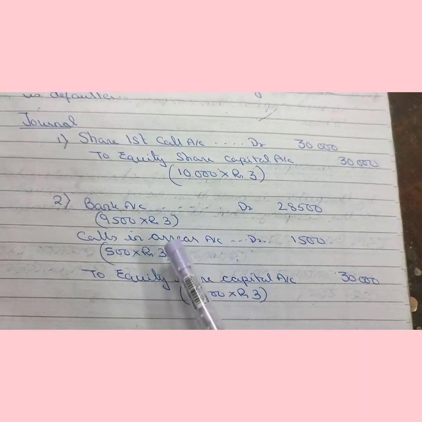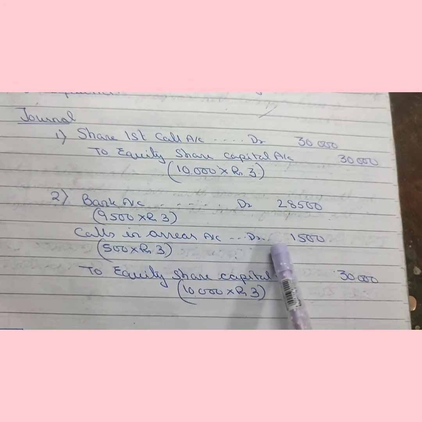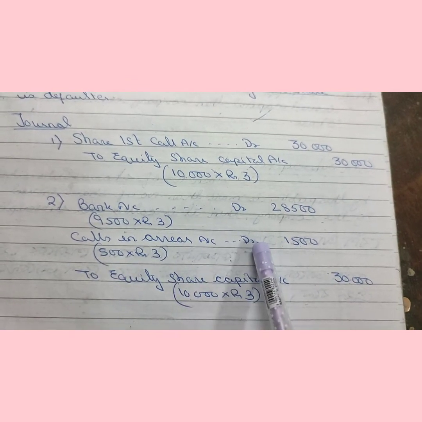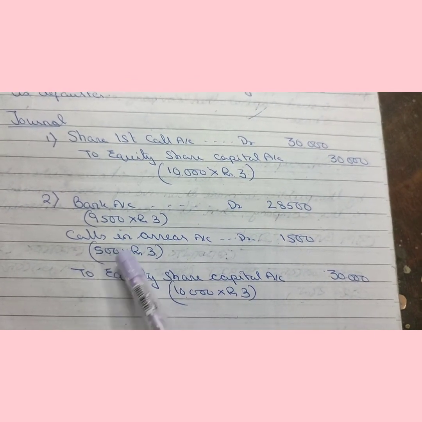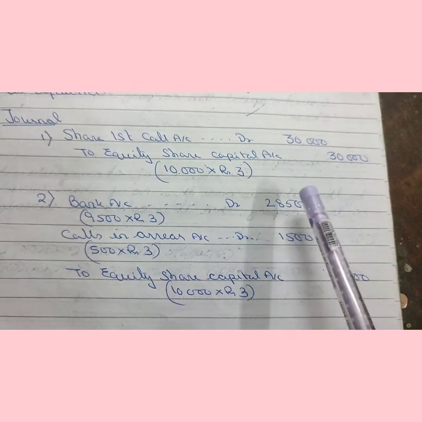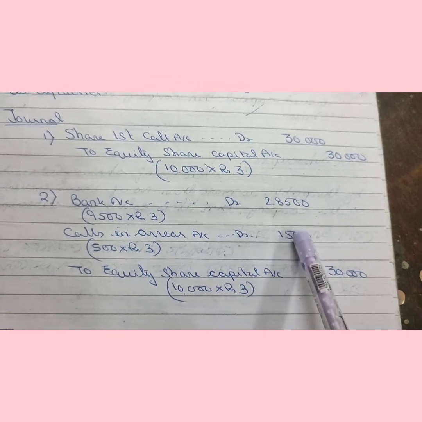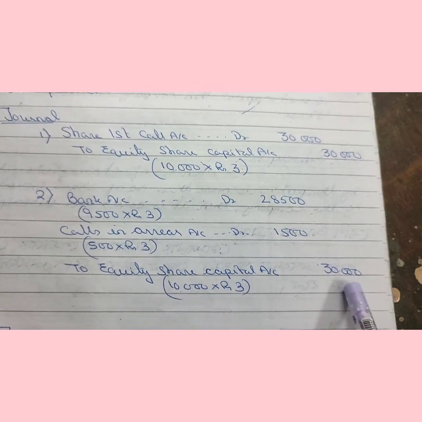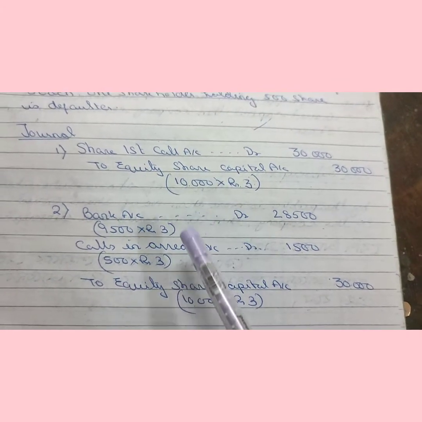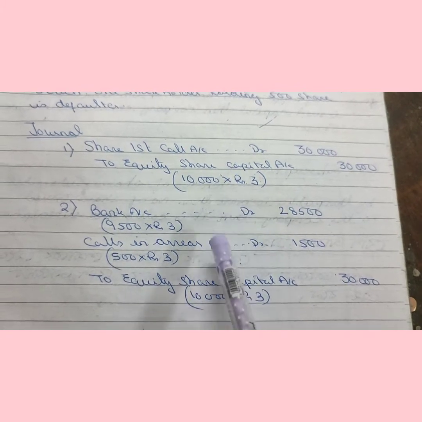And the default amount that is not paid by a shareholder, that was transferred to call-in arrear account, that is 500 shares of rupees 3 each, that is 1,500. Now check it, in debit side 28,500 and 1,500, that is 30,000, and in credit side that is also 30,000. So this is the example of how to record call-in arrear.